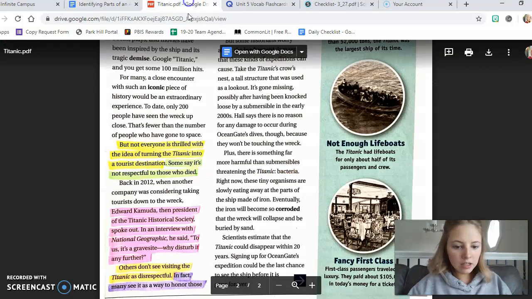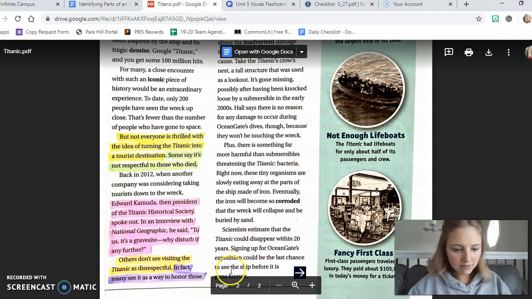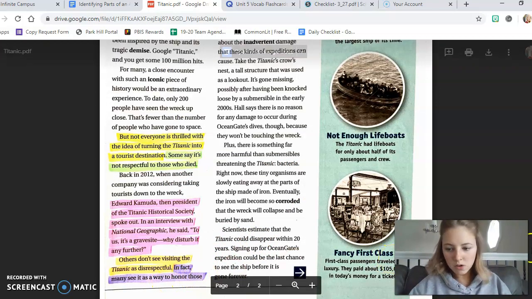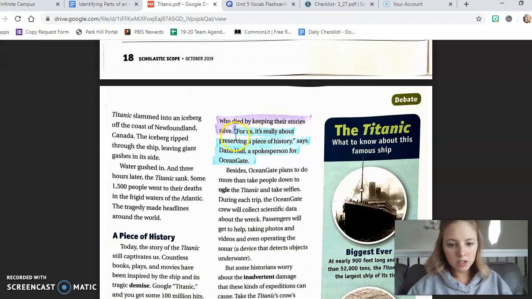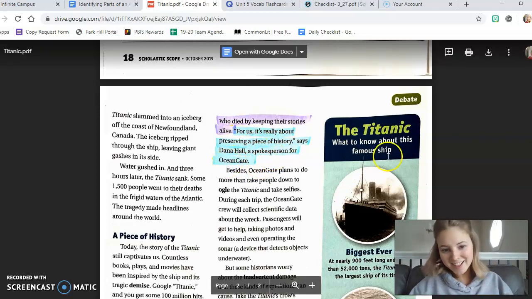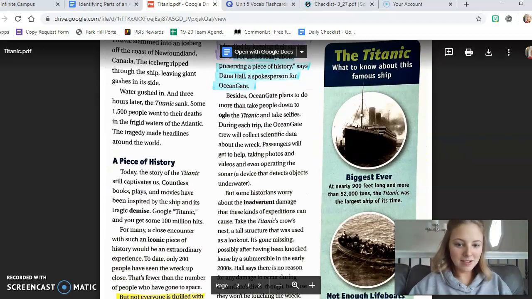Okay, and then we have evidence and warrant. It says, in fact, many see it as a way to honor those who died by keeping their stories alive. And then it has a quote here. For us, it's really about preserving a piece of history, says Dana Hall, a spokesperson for OceanGate. So we have a quote here from a reliable source. I hope you guys are seeing the pattern.